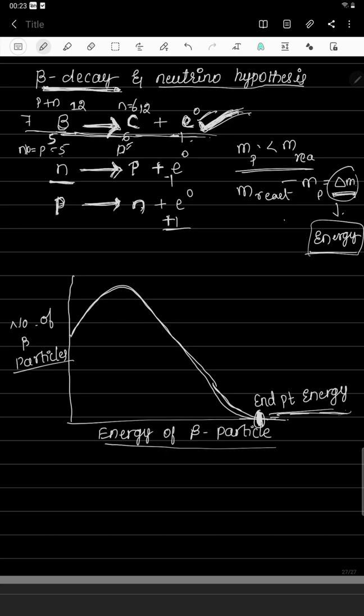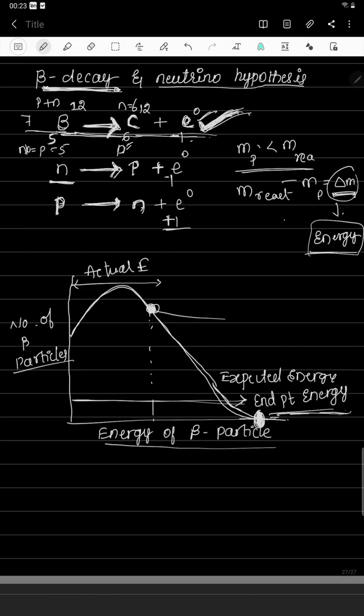Now from this graph, if you consider any beta particle of a given energy, according to the reaction we expect it to have the maximum energy. But in the experimental result from the graph, here is the actual energy of this beta particle, whereas what we are expecting is that the energy of the beta particle should be this much, the expected energy.